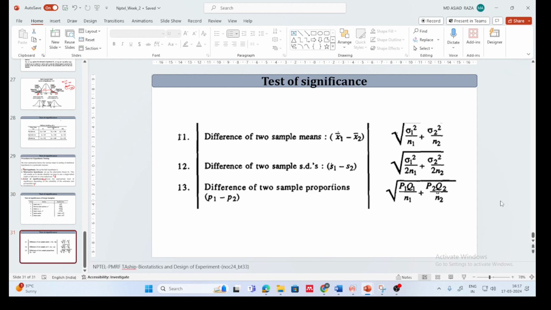You can just say, until and unless it's given already that the variances are the same, you can directly apply it. There is no issue with that. If they are saying two different proportions are there, then you can use P1 Q1 by N1 plus P2 Q2 by N2. They will obviously mention that the variances are not the same. So in that case, you can apply this formula.